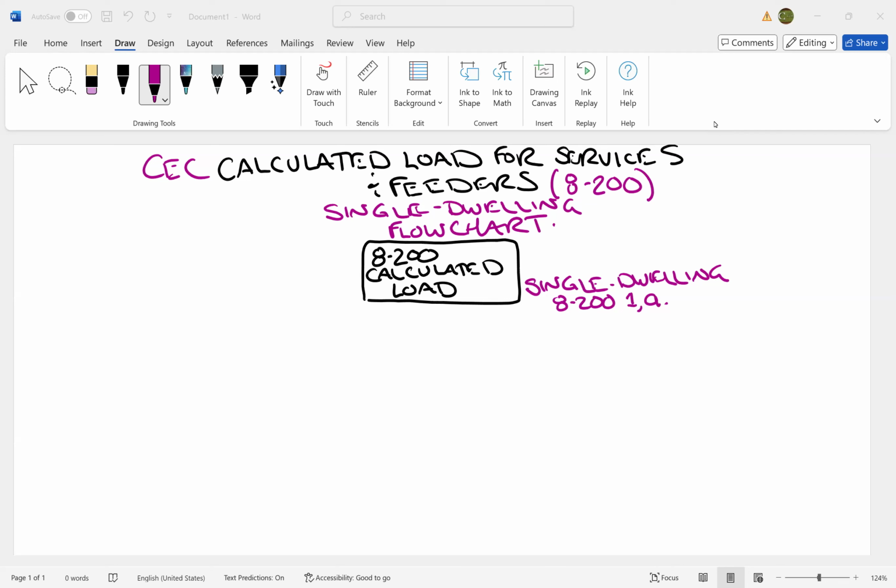If it is greater than 90 meters squared, then use 5,000 watts for the first 90 meters squared, plus n times 1,000 watts for each n meters squared.